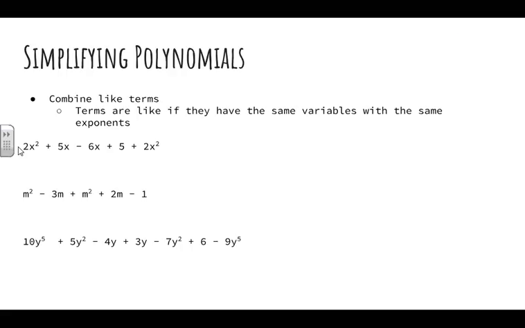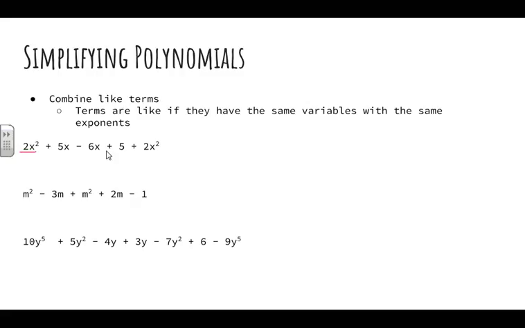All right, we have this polynomial: 2x squared plus 5x minus 6x plus 5 plus 2x squared. Remember that different exponents give you different terms. So it's best, it's not required, but it's best to put your terms in order of least to greatest when looking at the exponents.